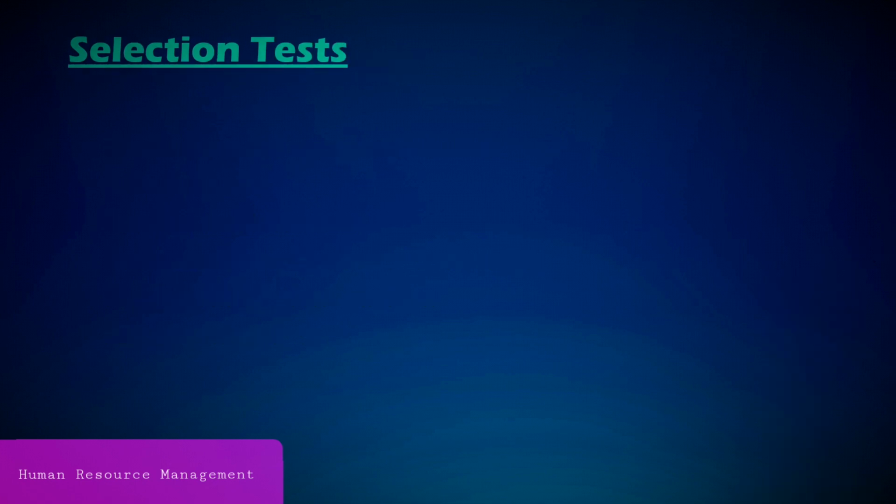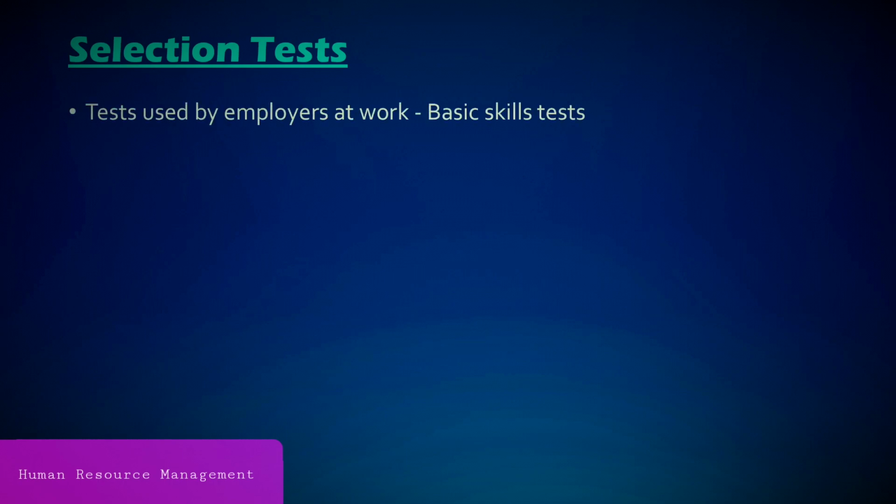Now let's look at the selection tests which can be adopted in the selection process. Basically, employers tend to use tests for testing basic skills, job skills, and psychological aspects. However, when it comes to selection, there are several categories of tests which can be followed.